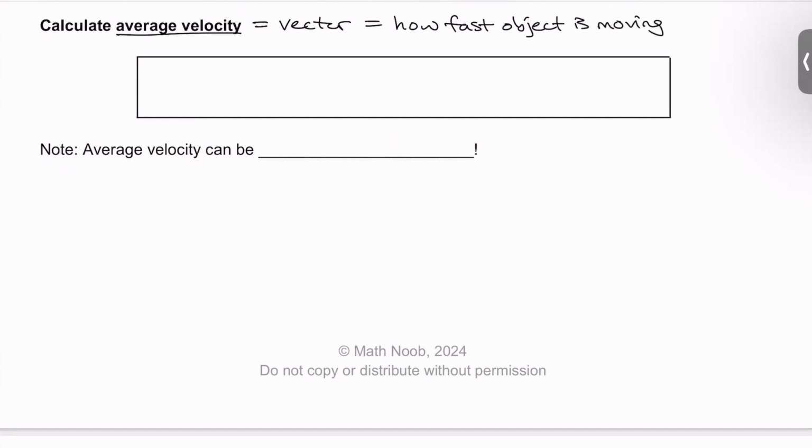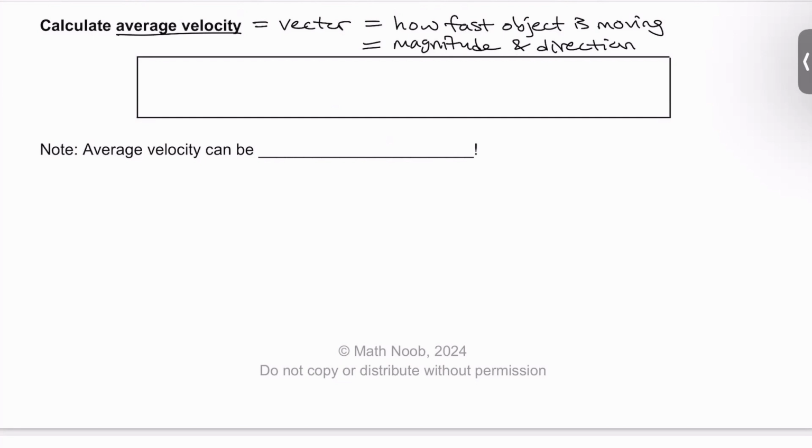So it has that magnitude, which tells you how fast it's moving, but it also tells you direction. Positive velocity would be speed in a positive direction, and negative velocity would be speed going in a negative direction.